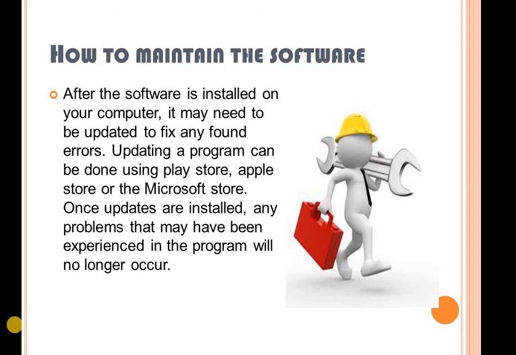They help to fix errors. It is always important that you update your software. Now, why do we update it? Update means that there is a version that is higher than that. If you are still working with an old version, it may not function properly because it is already outdated.